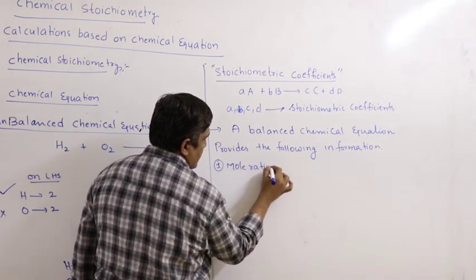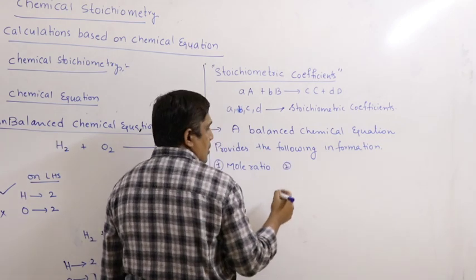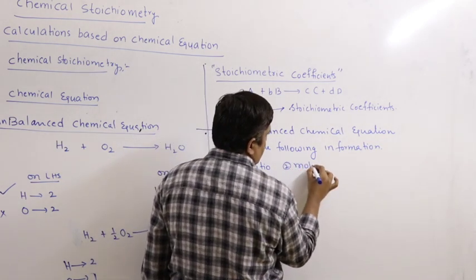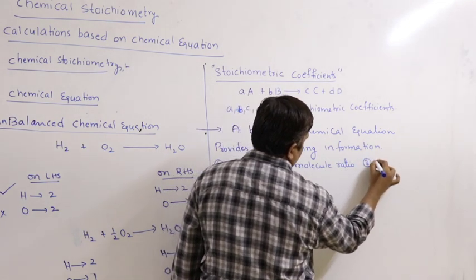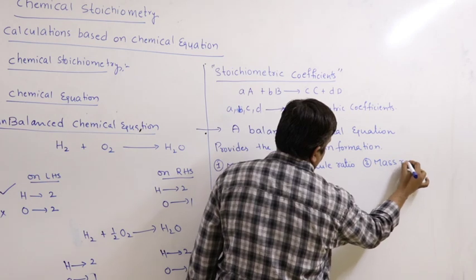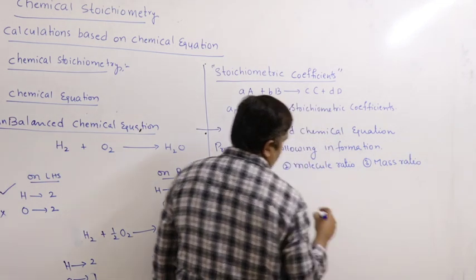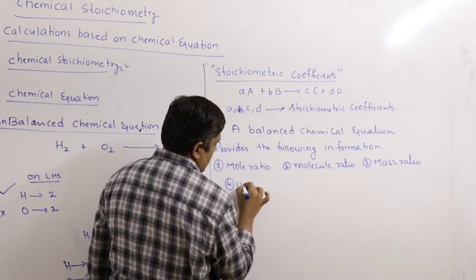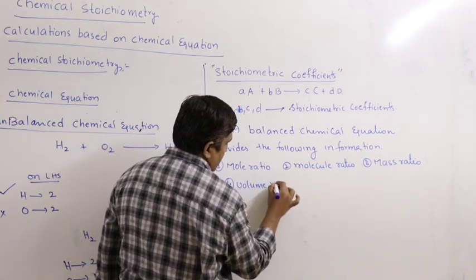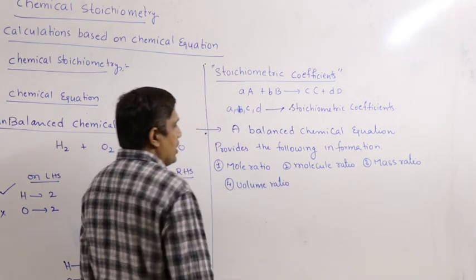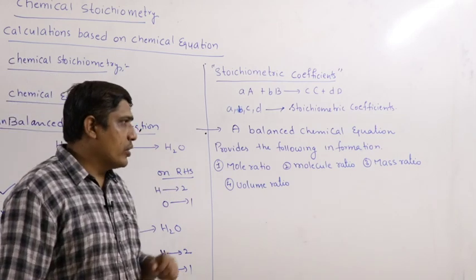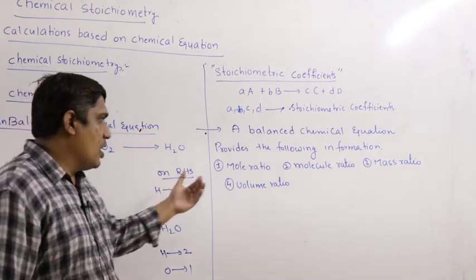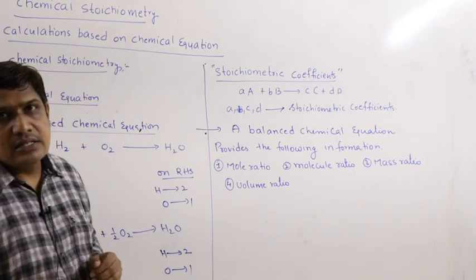Mole ratio it provides. Next, molecule ratio, mass ratio, and volume ratio. Mole ratio, molecule ratio, mass ratio and volume ratio. So, let us see how to get this mole ratio, molecule ratio, mass ratio and volume ratio from a balanced chemical equation.